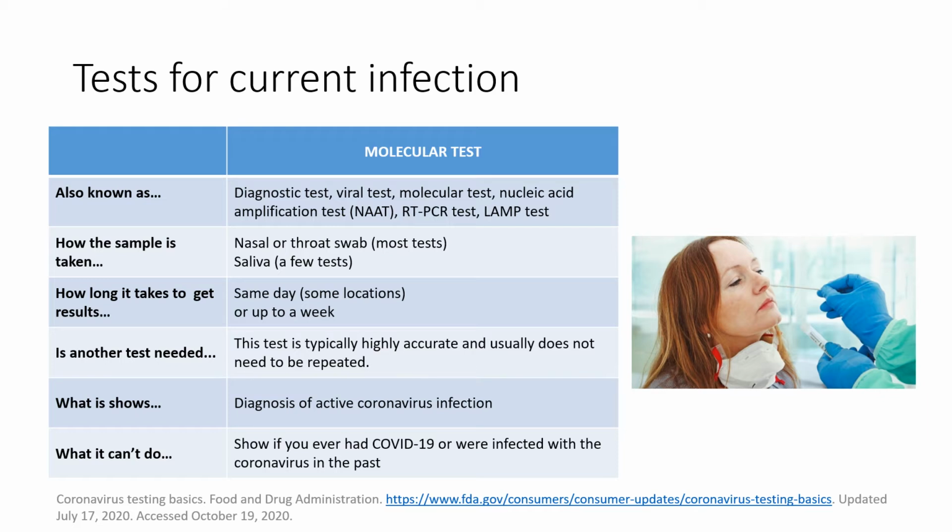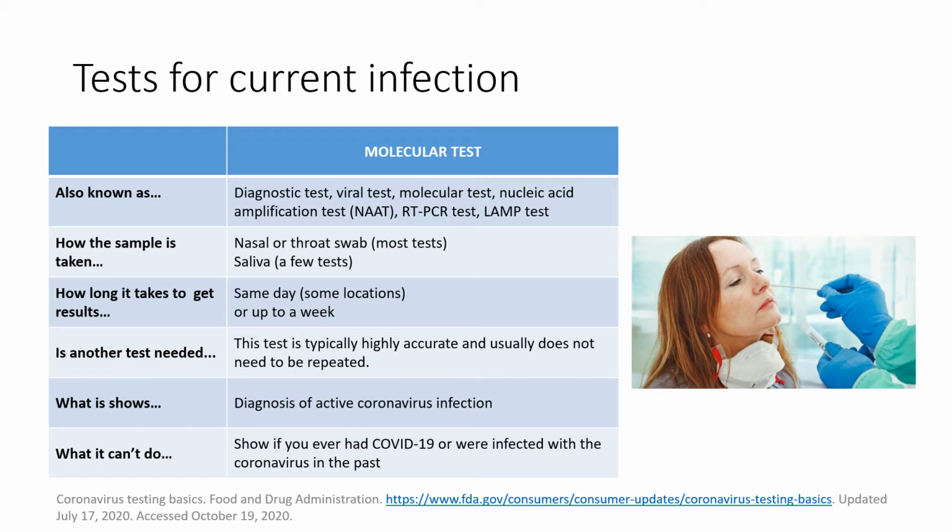During the shipping process of the samples, most molecular test swabs must be kept within a certain temperature range so that tests will be accurate. The sample also needs to be sent to a lab within a short period of time of collection. In some instances, test results can be returned to patients within a day, but what is more typical is a turnaround time of a few days depending on the laboratory analyzing the sample.